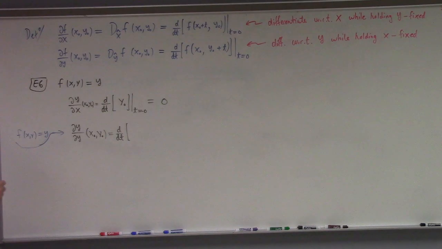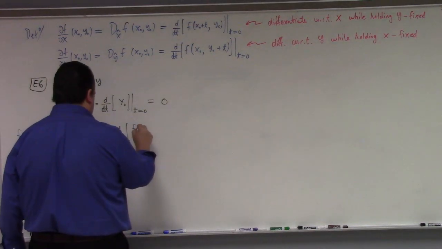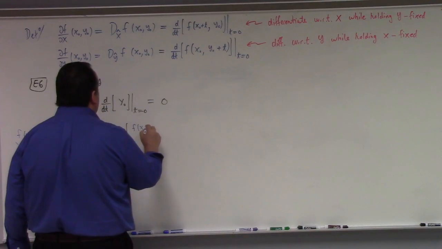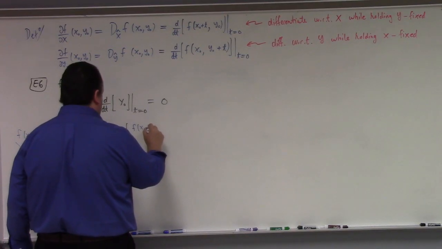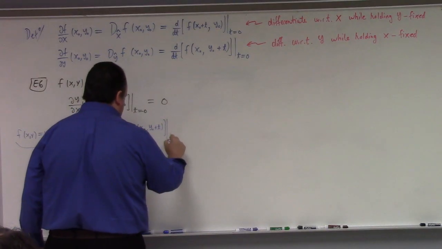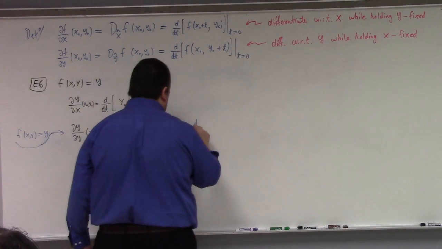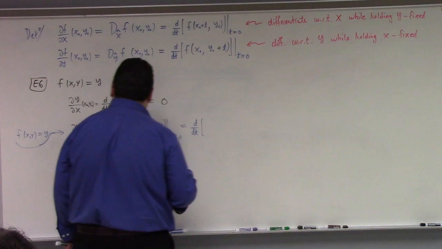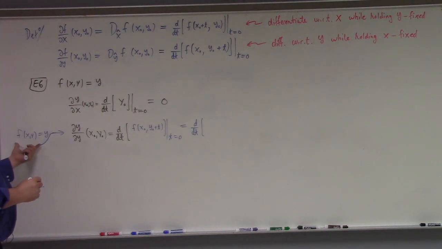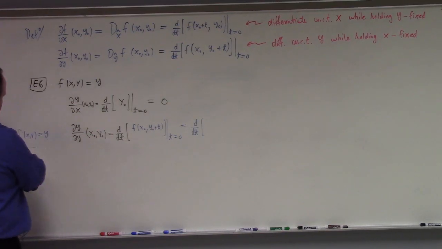So my f, I'll write it out this time, f of x naught, comma y naught plus t, is actually what? I already wrote it up here.